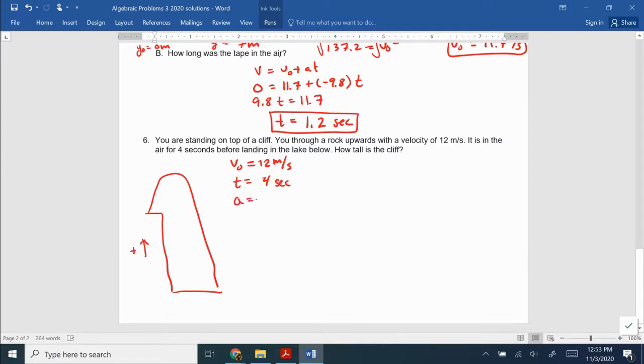Our acceleration is negative 9.8 because it is a downward motion. What else do we have? This y naught is what we're looking for. We land down here at 0. Looking at all that stuff, that's going to be the Paul or the John equation.